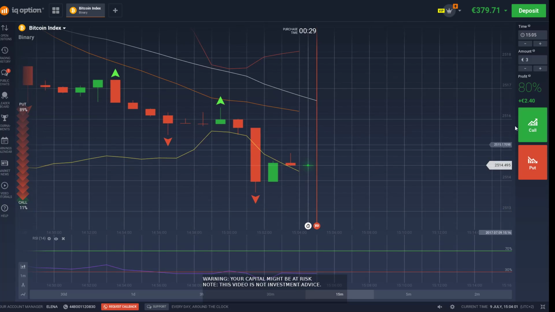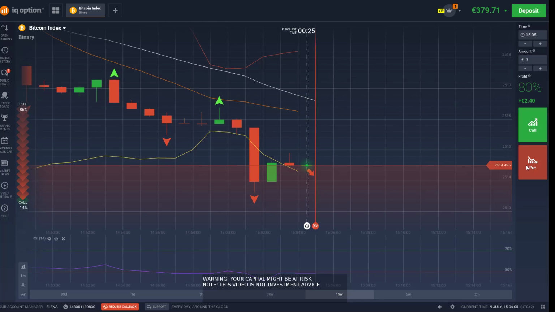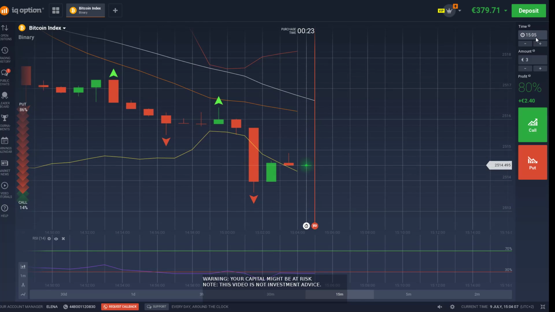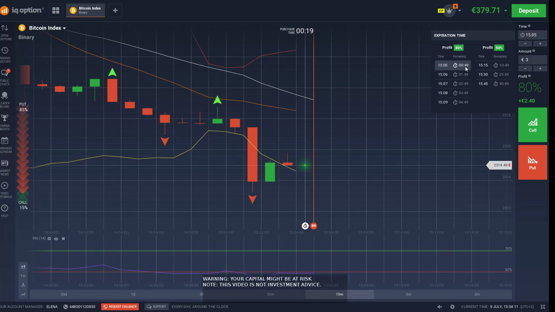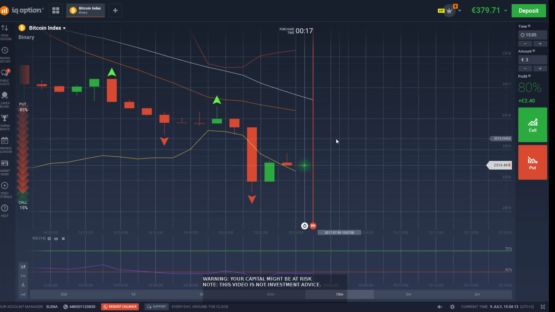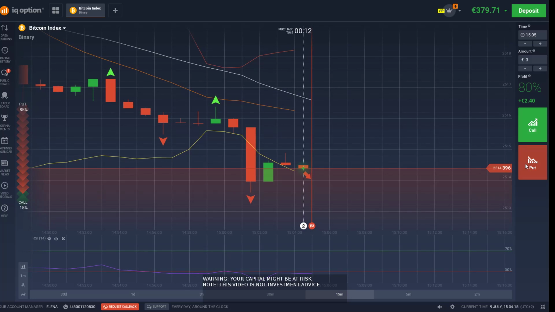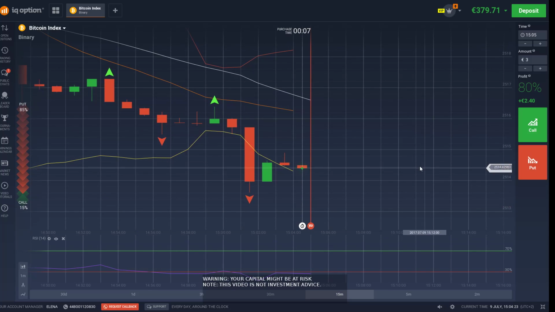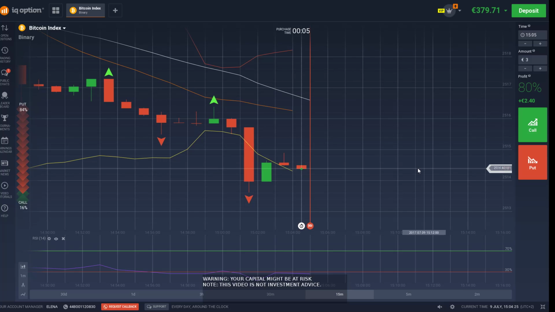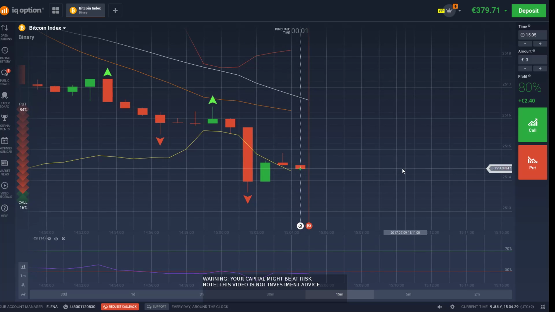So you actually see the direction. Call means it would go up, put means it would go down, and the expiry would be in 50 seconds. What does that mean? If I do a put and it expires in 50 seconds, the price needs to be lower than the strike price when I bought it.